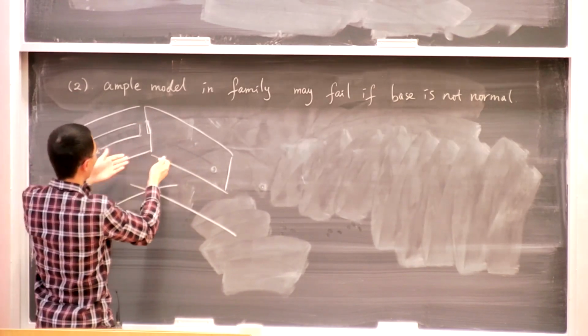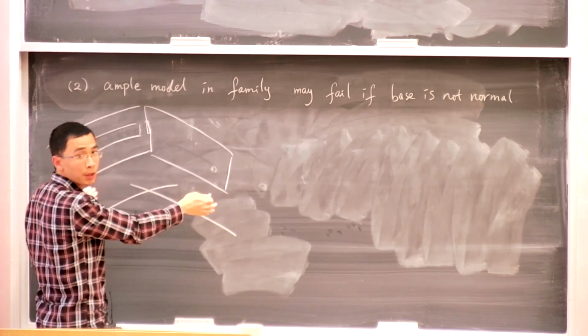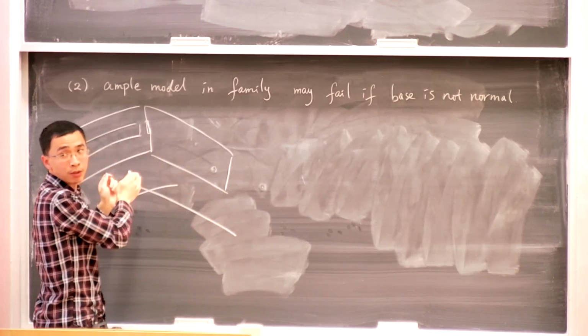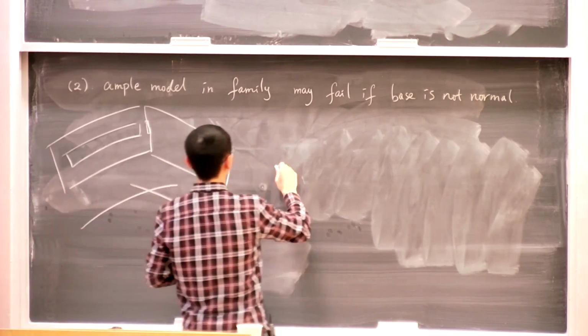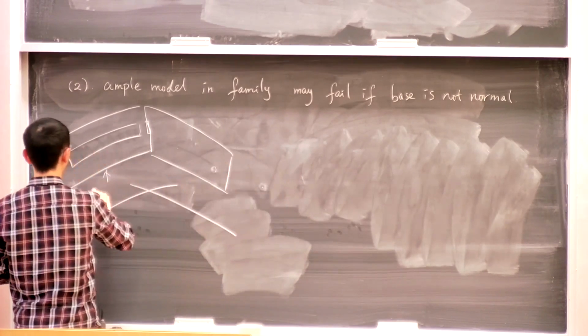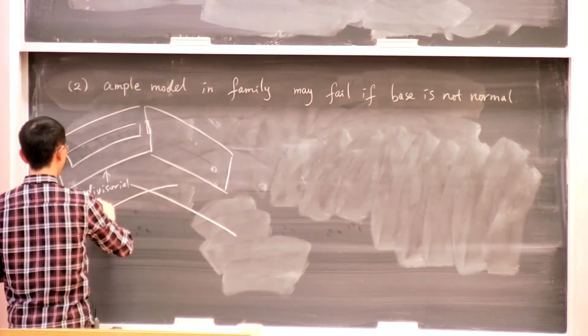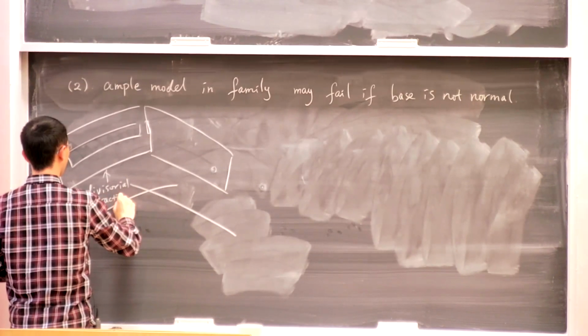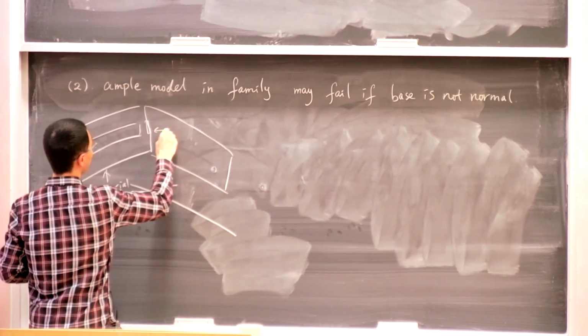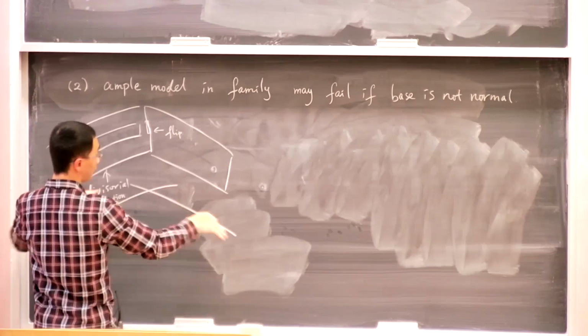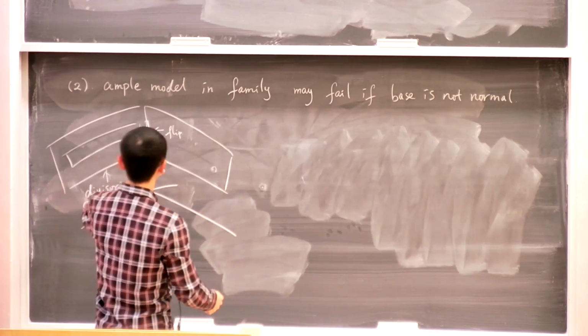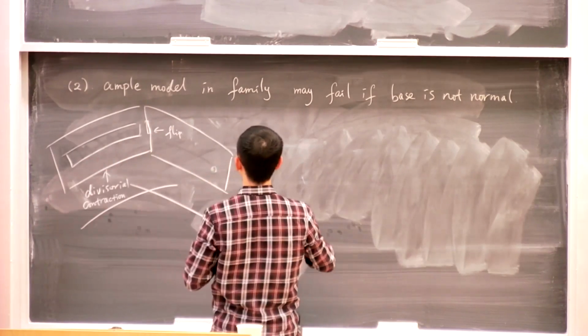So in that case, if you try to glue the two new families together, they don't match along the central fiber. Okay, so you can have divisorial contraction and a flip along different components when you change the weights, say.